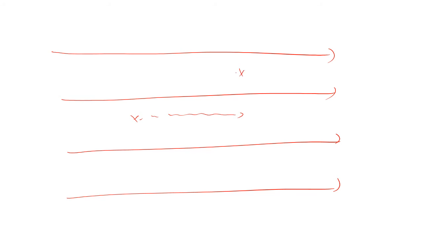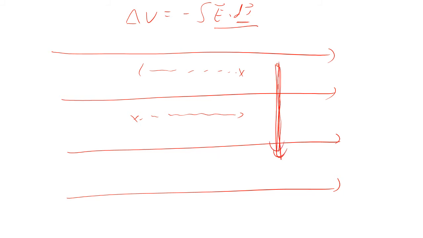If you go this way against the electric field, you are increasing voltage. What if you go perpendicular to the electric field? Well, the difference in voltage is minus integral E dot ds. If my ds is perpendicular to the field, the dot product is 0, and so along that path the change in voltage is 0.